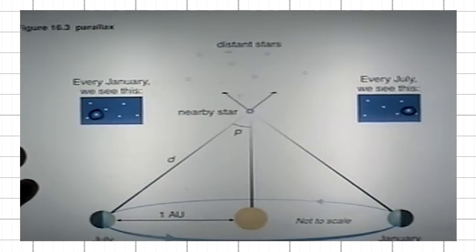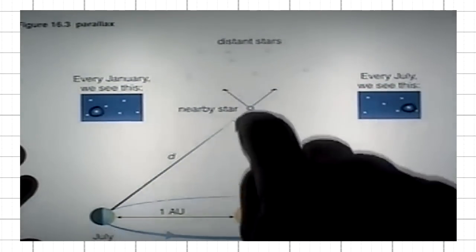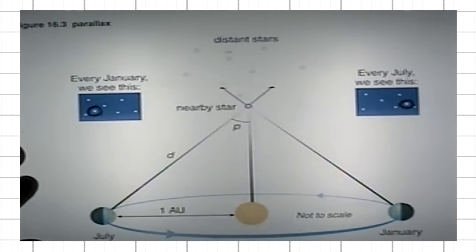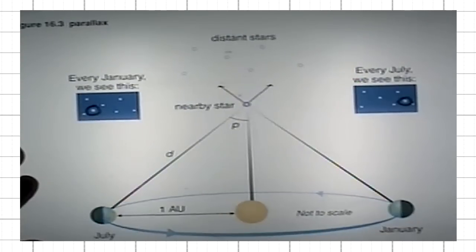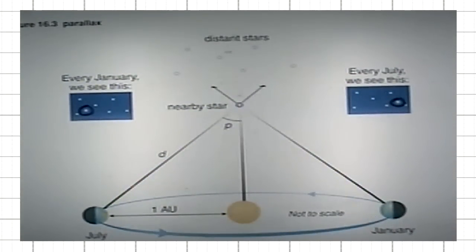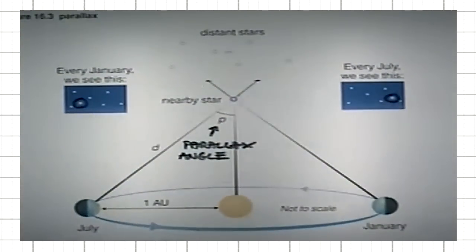Of course, what they did not realize at the time is that the stars are much, much farther away from us than what they thought. And if they are at a great distance, this angle here, the so-called parallax angle, is very, very small.